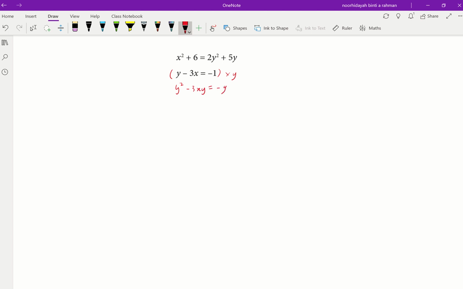If I eliminate with the first equation, the unknown xy still remains in the equation. So the elimination process is not appropriate to be done here.